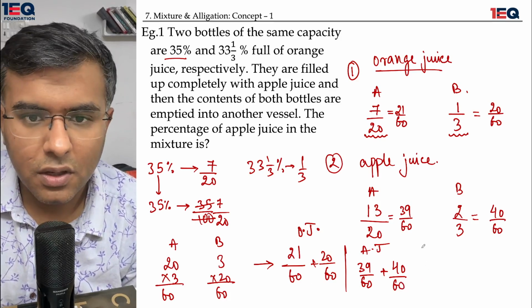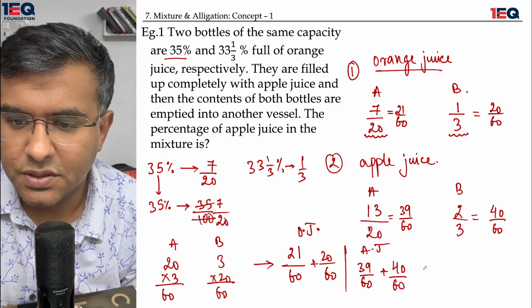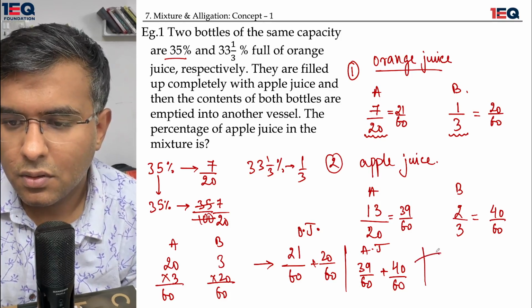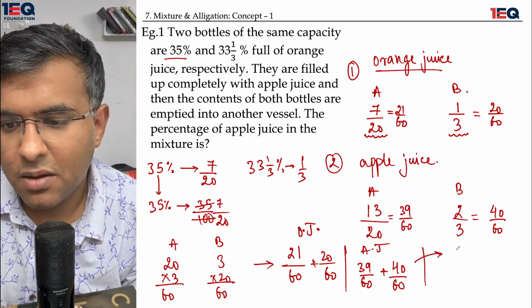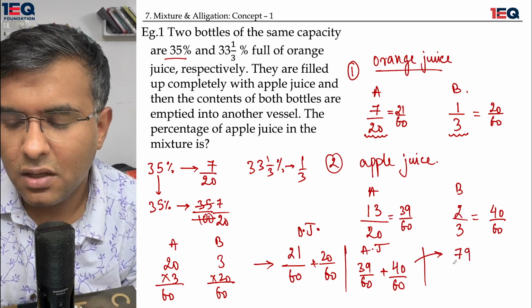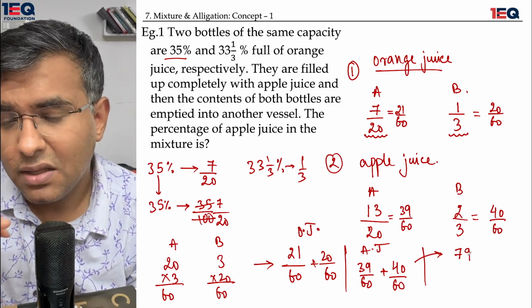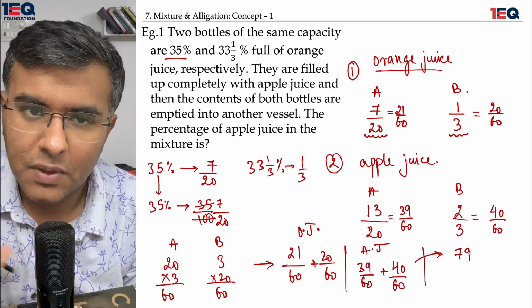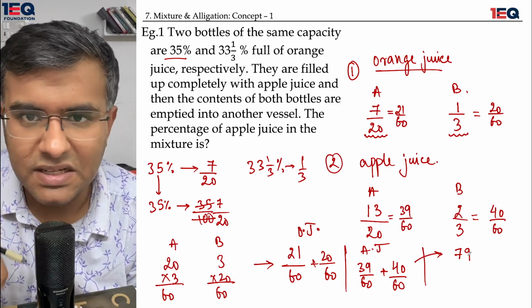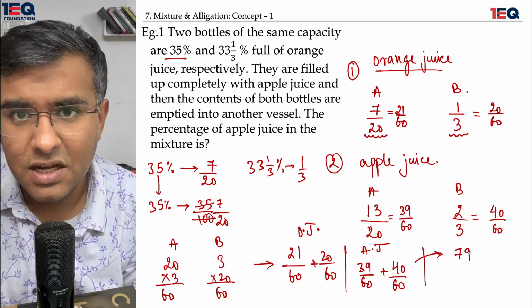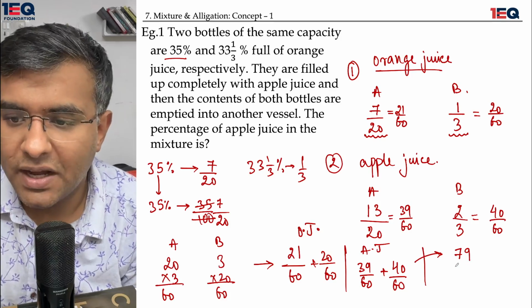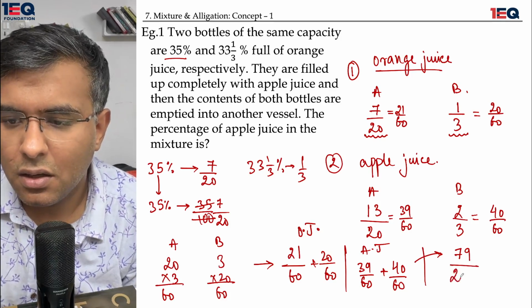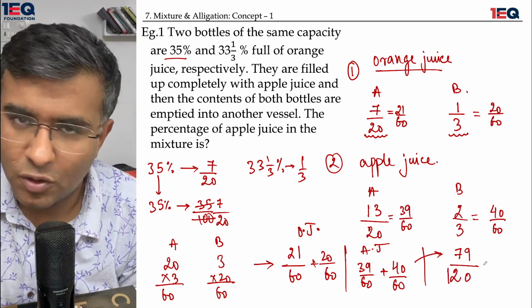So here I need to find out the apple juice percentage. The fraction that I come up with is 79 upon 60. But this upon 60 is no more valid because both of them had 60 capacity each. When 60 plus 60 comes into place, it makes it 120. So 79 upon 120 would be my answer.